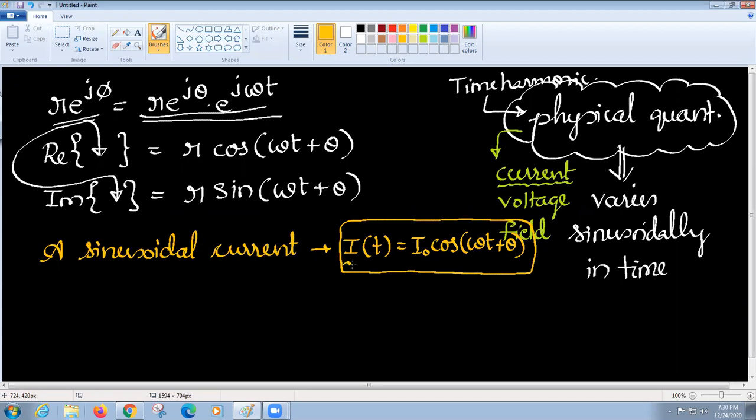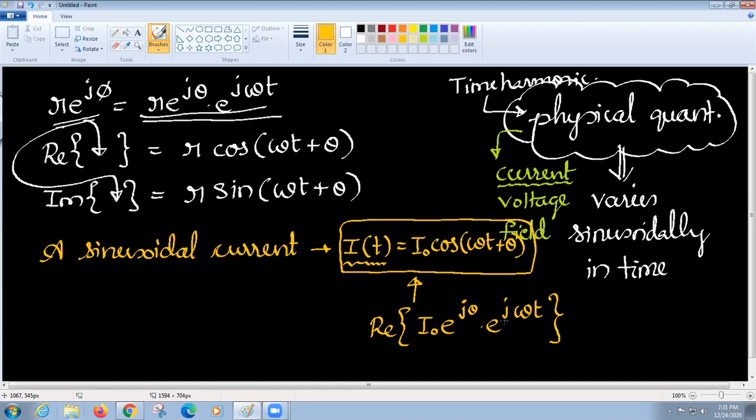That means the physical quantity current is varying cosinusoidally in time, and that's it. If I take its real part, this is nothing but the real part of I naught e power j theta multiplied by e power j omega t.